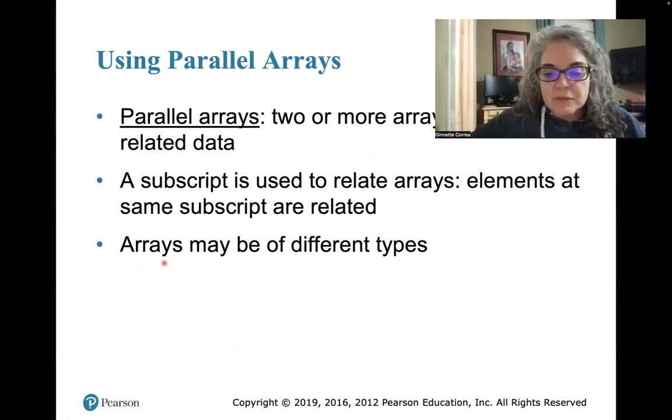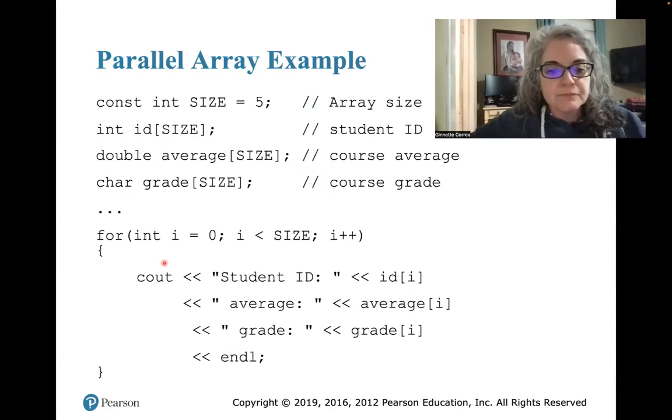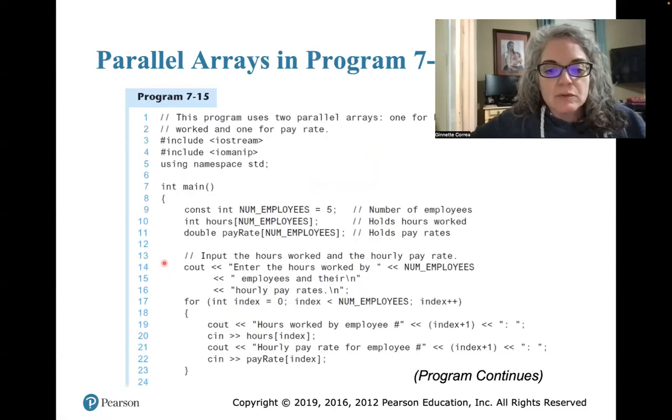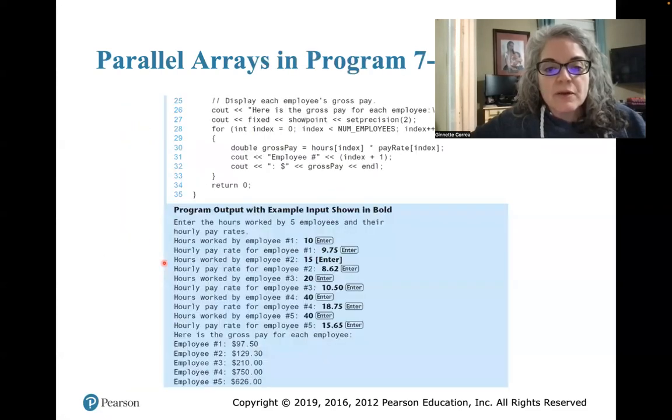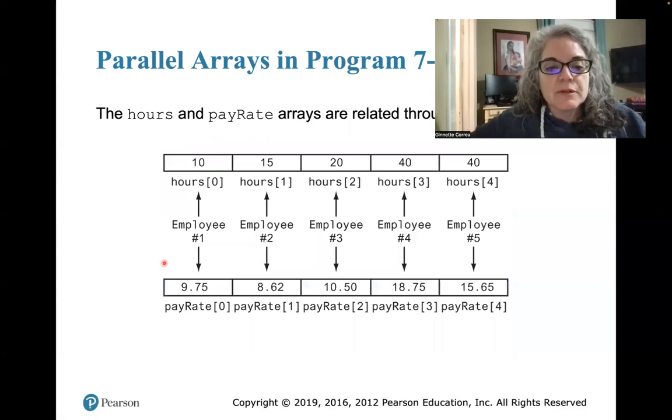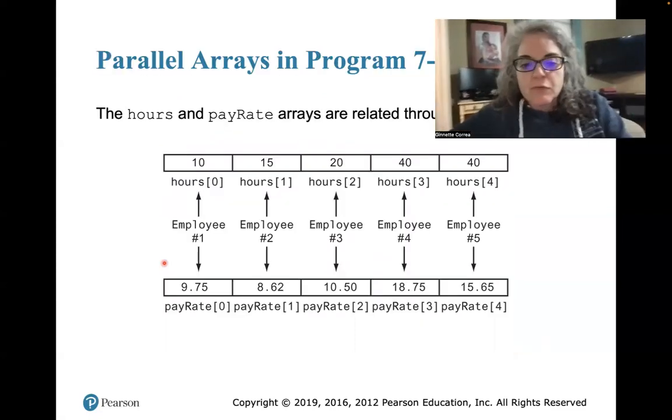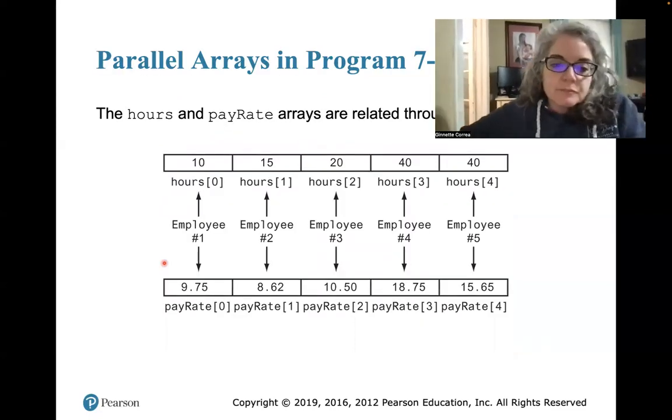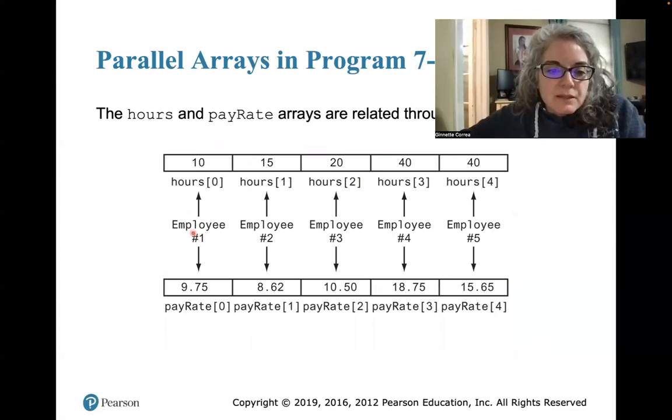The arrays can be of different data types. I can have a string and a float. So here is an example. I'm going to go ahead and do an example for us. But before I do that example, this is employee 1.